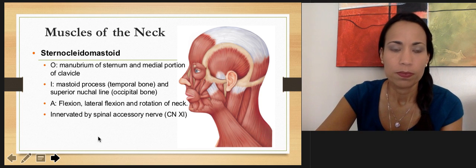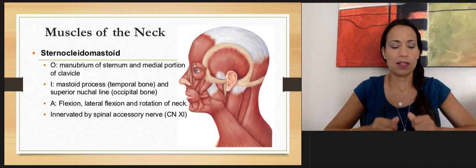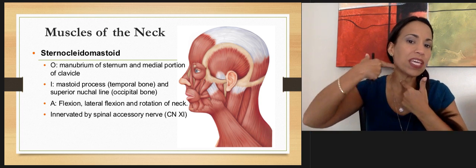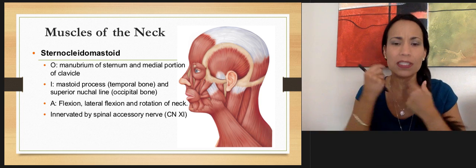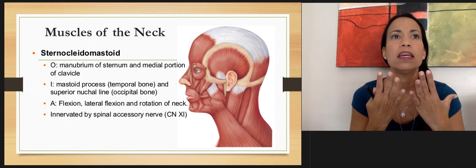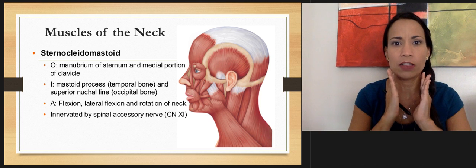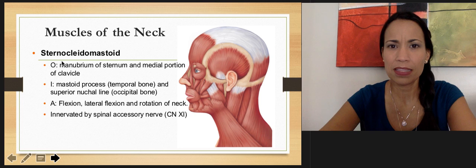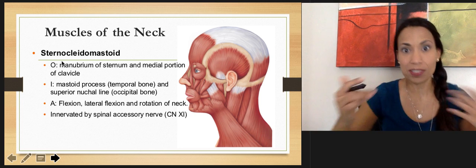Second muscle. So we're going to try to peel down the platysma so we can see the sternocleidomastoid muscle. This is a deeper muscle, and it's not located so much in the anterior plane but laterally on your neck. Remember that the name of the muscle can give you clues about the attachment sites.